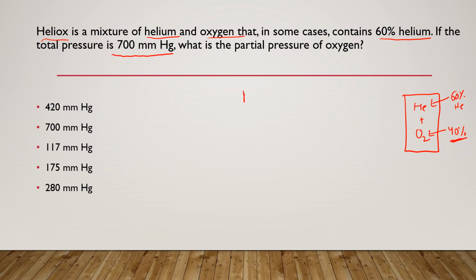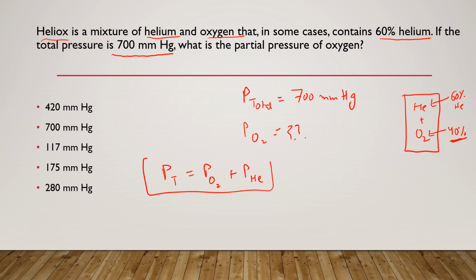P total is also given. So P total, or total pressure, is 700 millimeters of mercury. And what do we want to find? We want to find the partial pressure of oxygen. So this is unknown. We know that P total is equal to the partial pressure of oxygen plus the partial pressure of helium.